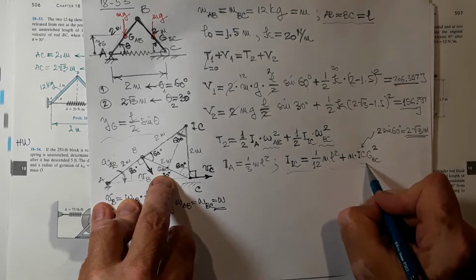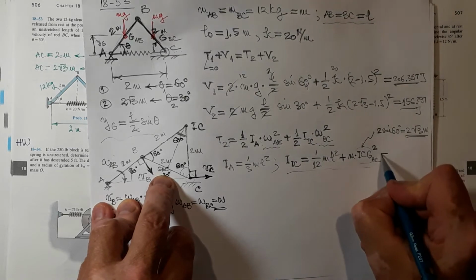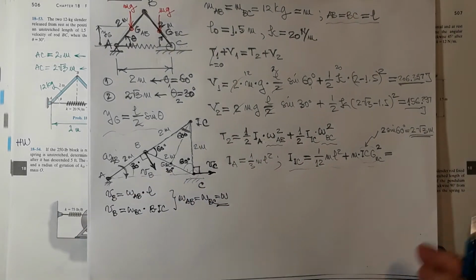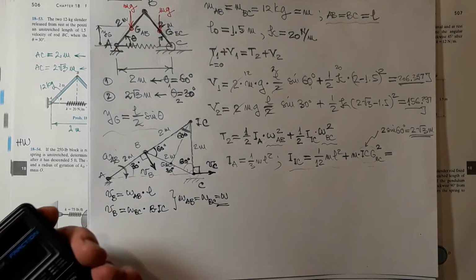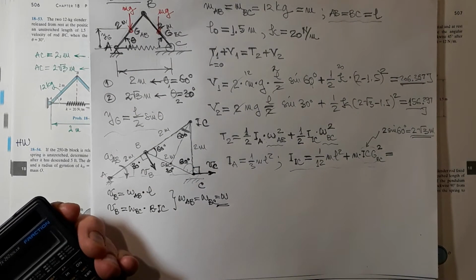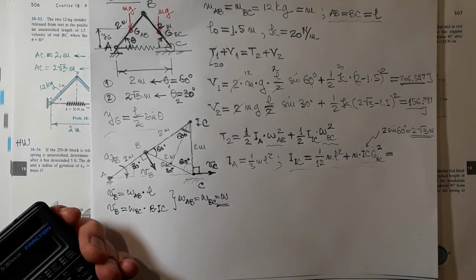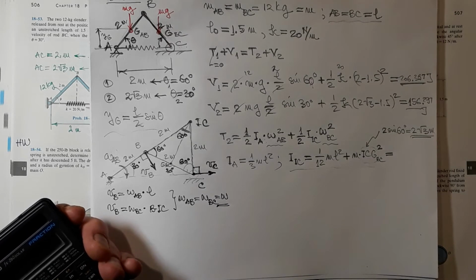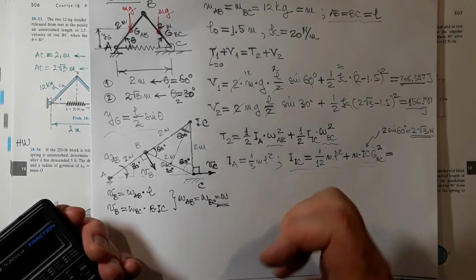This is the distance from the centroid to point C. Or you can get it from the Pythagorean theorem: 2 squared is 4, minus 1 equals, square root of 3. Hold on, do I have it right?